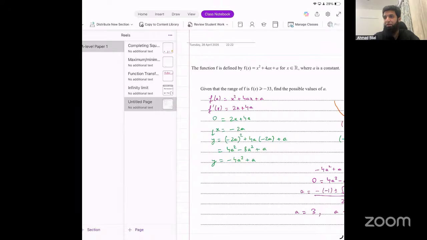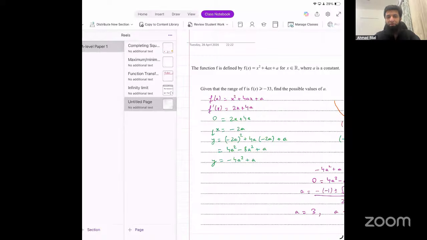But the single most important thing to manage your time well in the exam is that you do not get stuck at any question in the middle of the paper. That is extremely important, the most important thing. If you have thought about a question for a couple of minutes and you cannot understand which direction you should go in, move on.